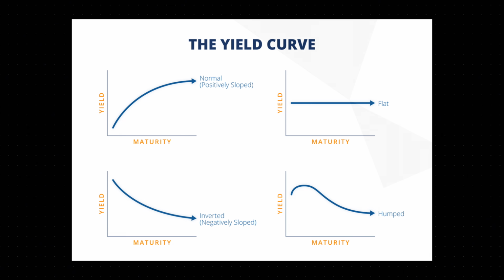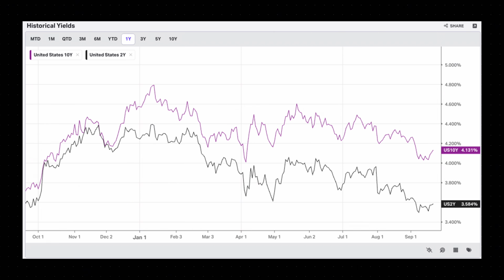In a healthy economy, the curve should slope upwards, meaning longer-term bonds have higher yields. A flat curve can signal uncertainty. In an inverted curve, when short-term yields are higher than long-term yields, a classic warning sign of recession. Traders especially watch the 2 and 10-year spread, which reflects market expectations for growth and rate cuts.